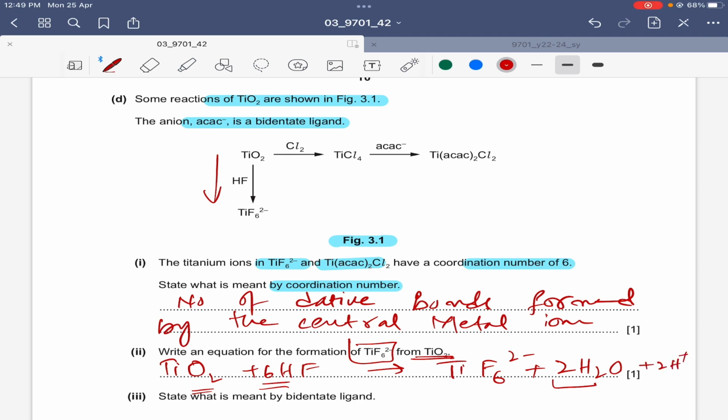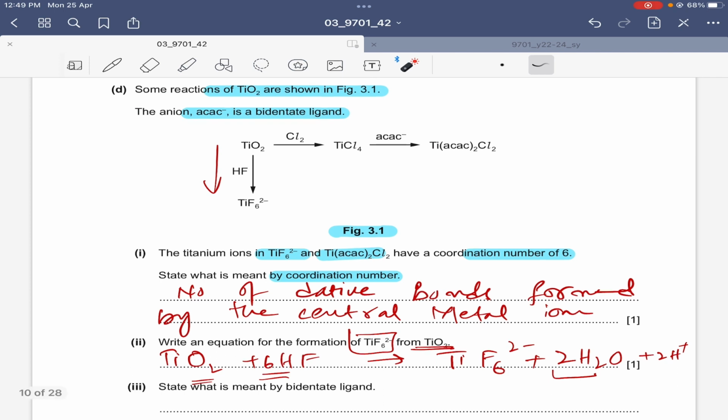Now let's find out the overall charge. On the reactant side charge is 0 because there are no charged particles, so charge is 0. On the product side this is minus 2 and this is plus 2, so minus 2 plus 2 would also be equal to 0, right?